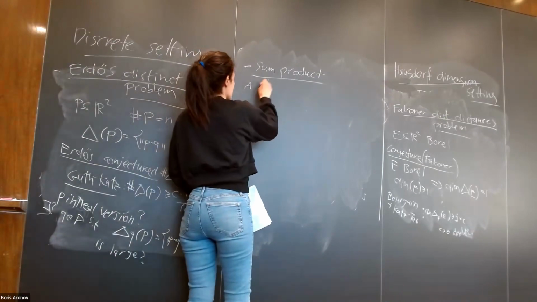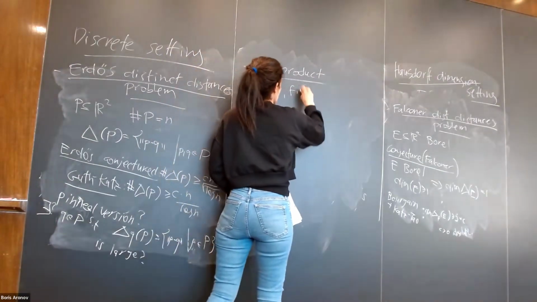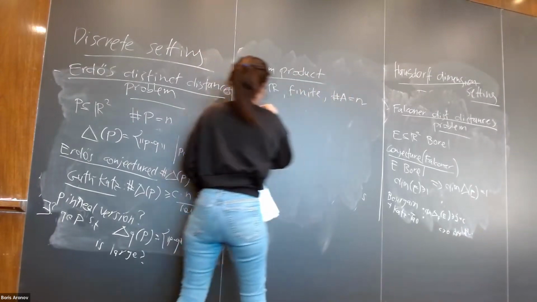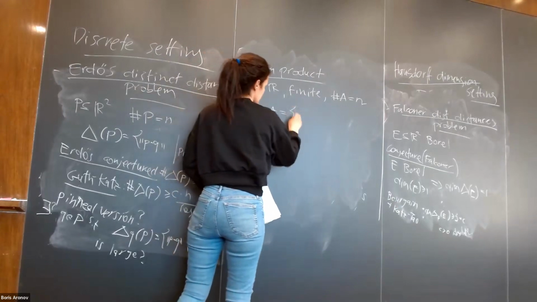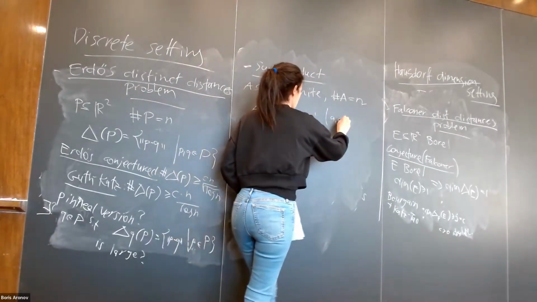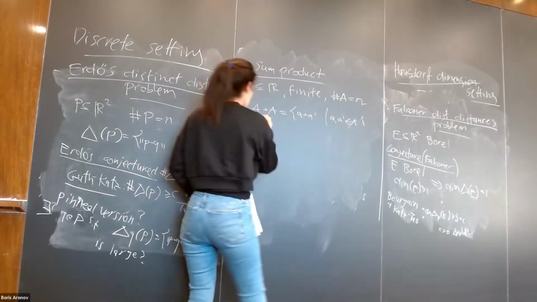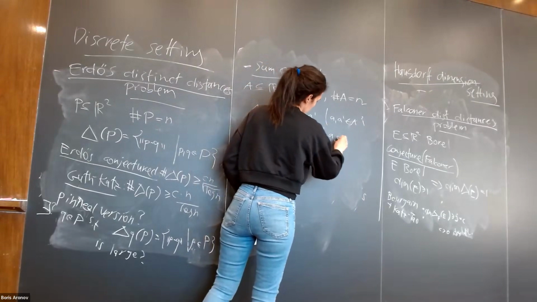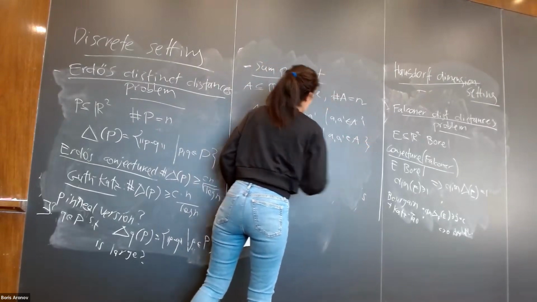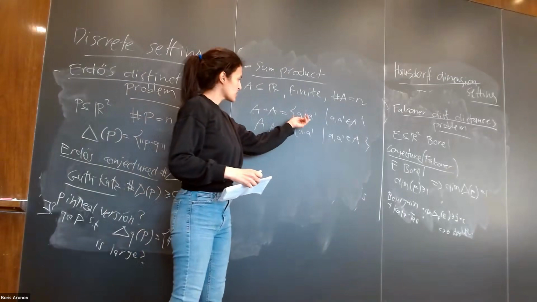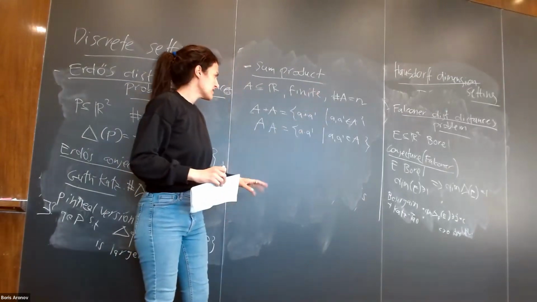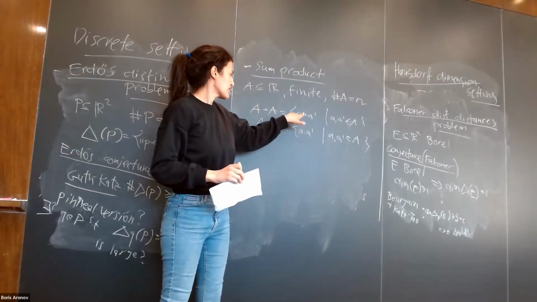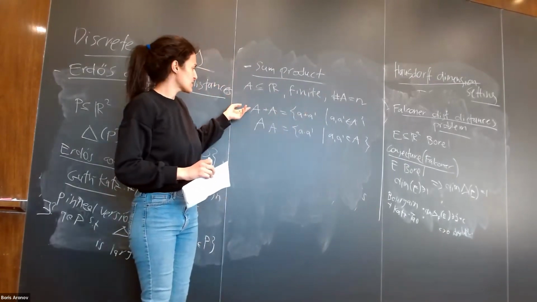So here we have a finite subset A of R, with cardinality N, and we consider its sum set, A plus A prime, and its product set, A times A prime, where A and A prime are from A. Of course, we have n squared pairs here, with A of size n. And we can choose A to be an arithmetic progression, and so we have many repetitions. So the sum set is small.